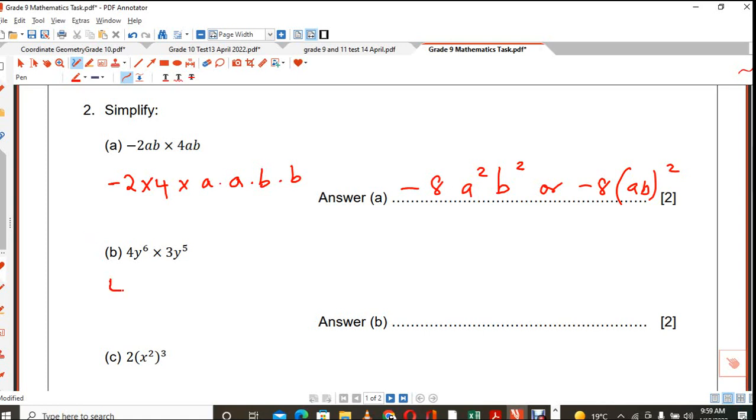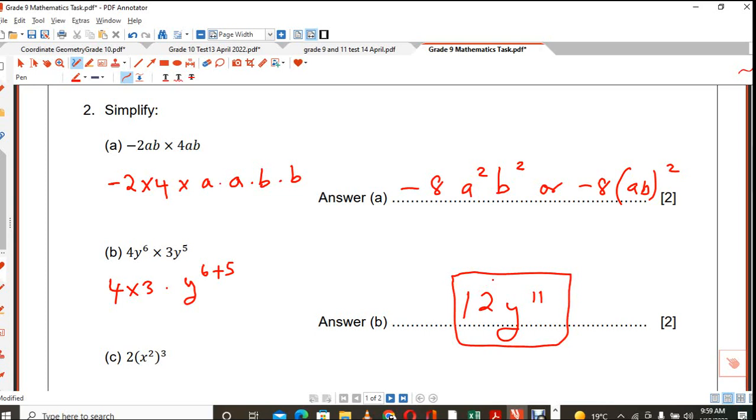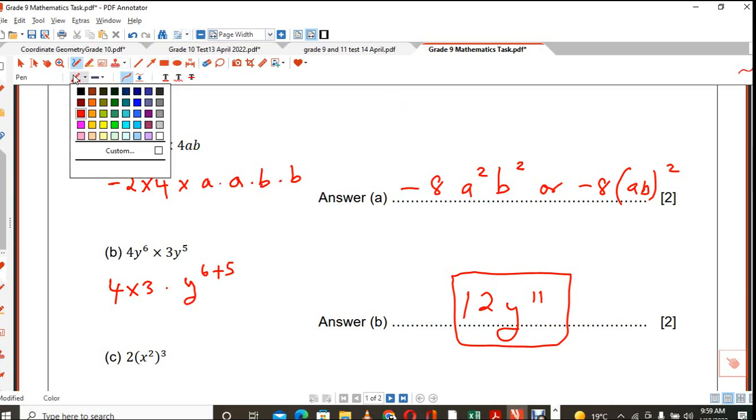Here again, you multiply 4 times 3. When you multiply and the bases are the same, you add the indices. So this is 1 mark for the 12, 1 mark for the y raised to the power of 11. See, I don't have time to write all those y's 11 times.